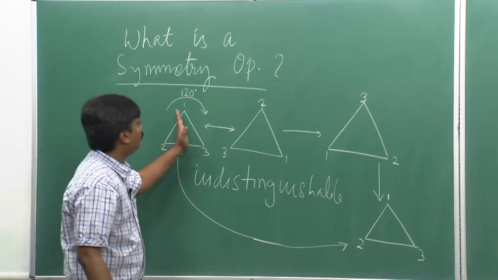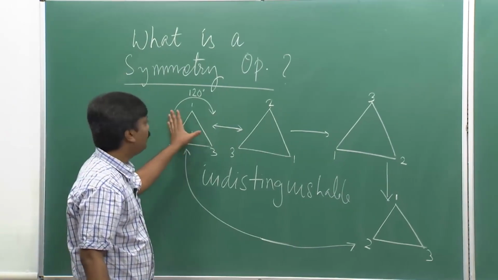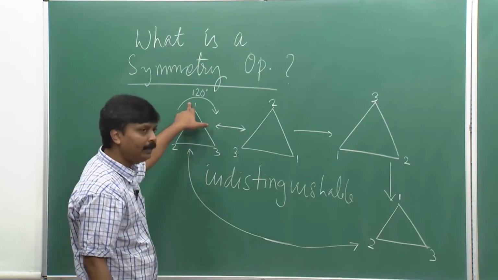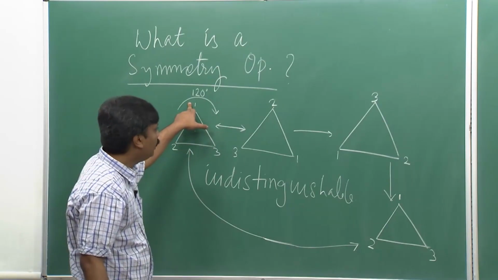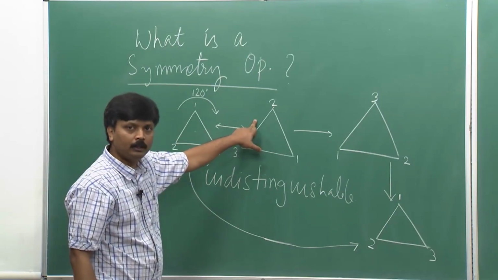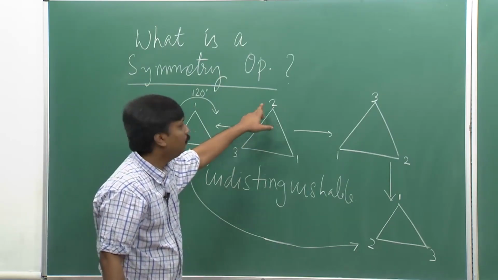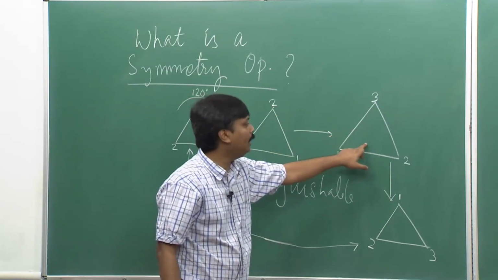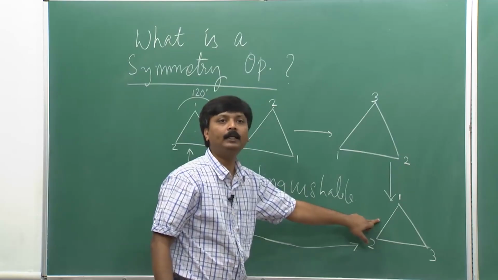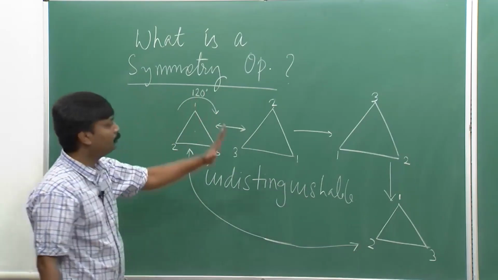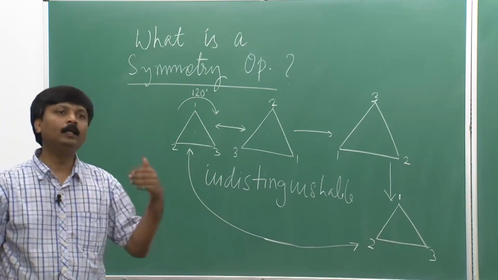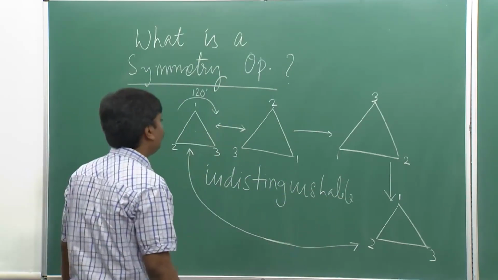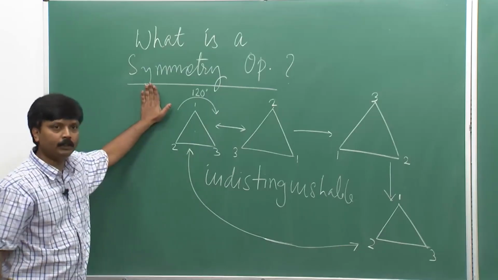So by moving this body about this axis by 120 degrees, I get an indistinguishable structure. Another rotation by the same angle gives another indistinguishable structure, and then another rotation gives me back the identical structure. These movements by which I can get indistinguishable or even identical structures are called symmetry operations.